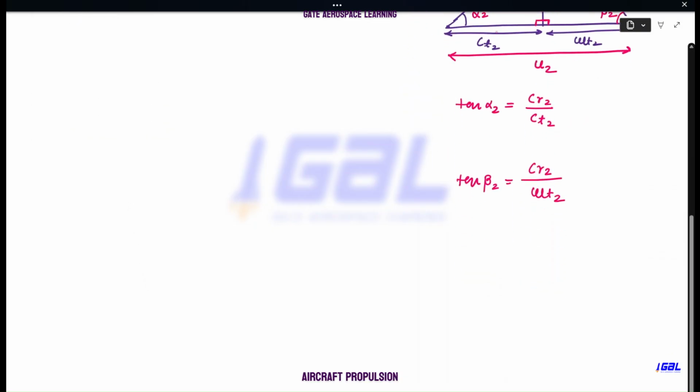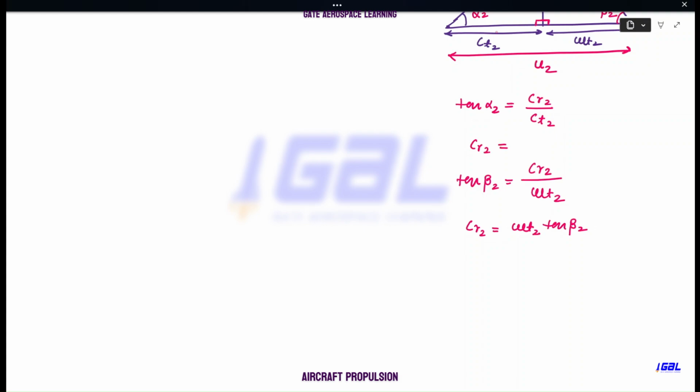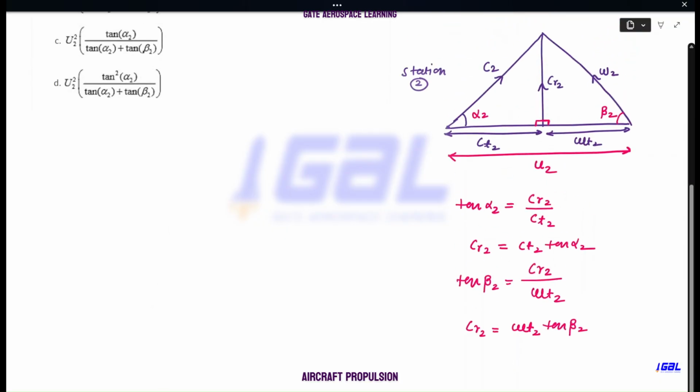Now what you can write from here is CR2 can be written as WT2 tan beta 2, right? Similarly from here you can write CR2 as CT2 tan alpha 2. Now this WT2, we'll write as U2 minus CT2. You will come to know why I'm doing this.